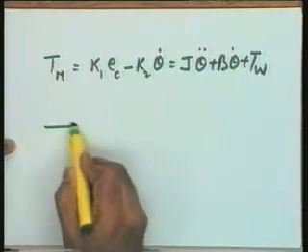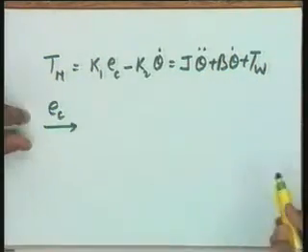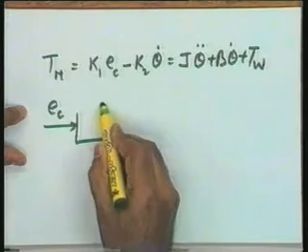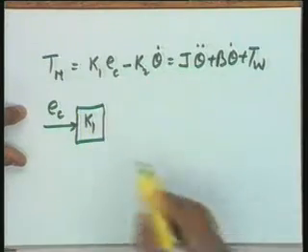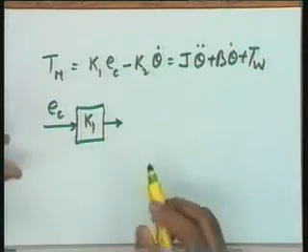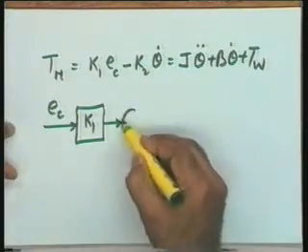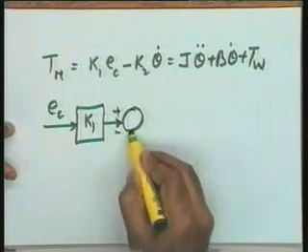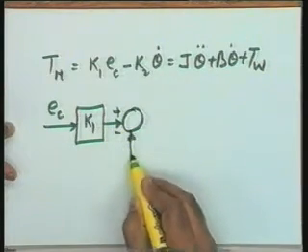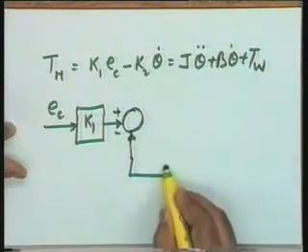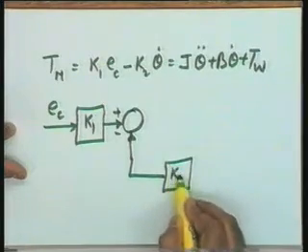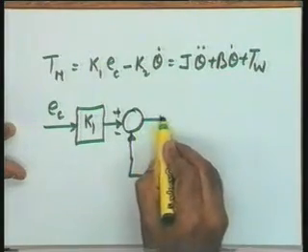Please see, EC is the input, K1, EC coming over here. I put a block over here, and from this I will give you a signal K2 theta dot. What is the advantage of this representation?